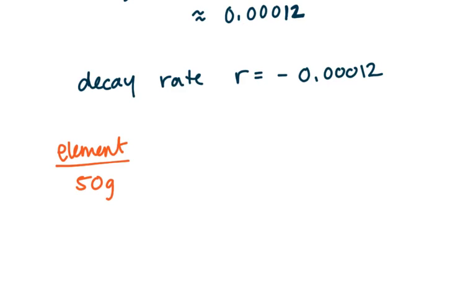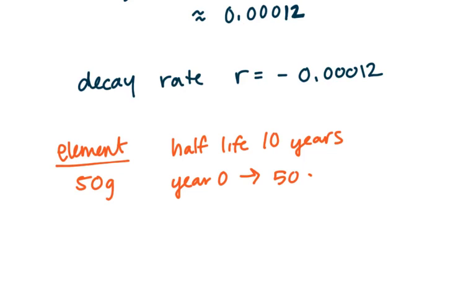with 50 grams of it. If I told you the half-life was 10 years, then at year 0, we would have 50 grams. At year 10, though, we would have 25 grams, half of that.